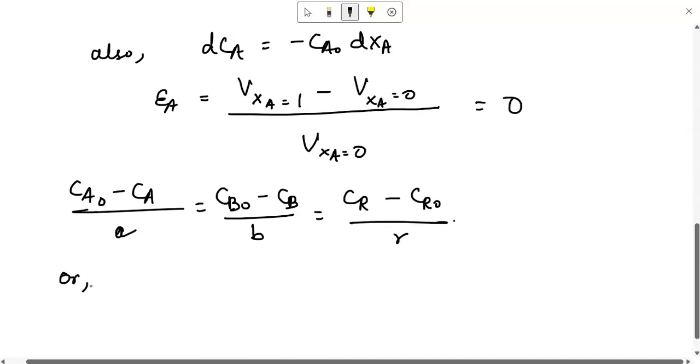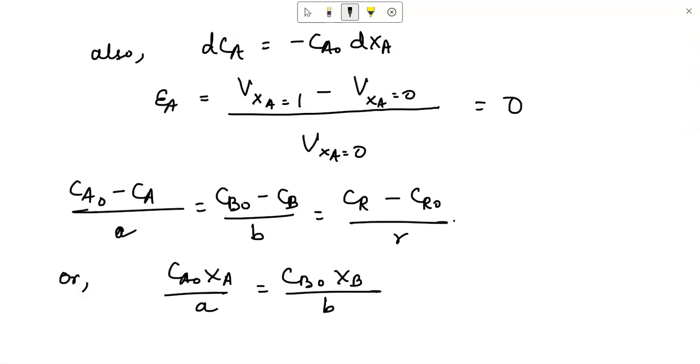Or another way to write this is CA0 XA by a equals CB0 XB by b. Okay, these are the important relationships in case of a constant density batch or a constant density flow system.